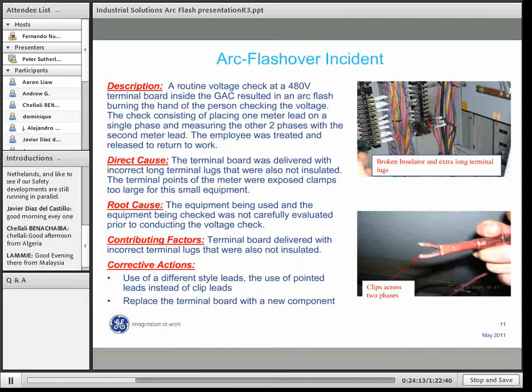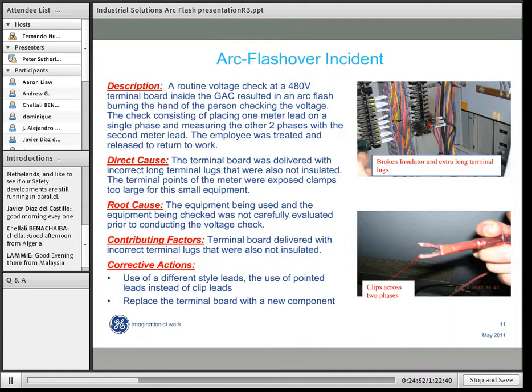Okay, now we're going to try and talk about some more of the specifics. So this slide shows an example of an arc flash hazard incident, and in this case a person is using a volt-ohm meter inside a generator accessory cabinet to check some voltages on a 480 volt terminal board.